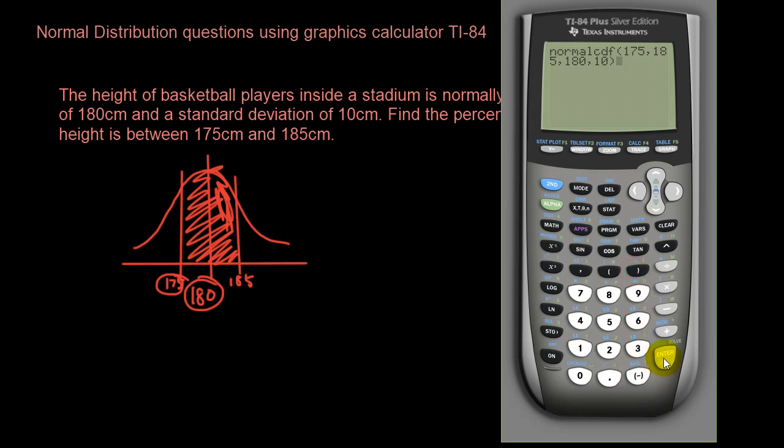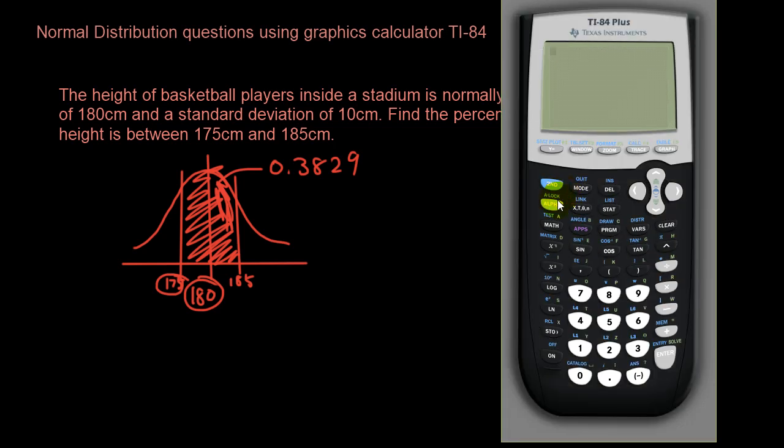Then you press enter, and it tells you that the probability of getting between 175 and 185 is 0.3829. So that is the probability.